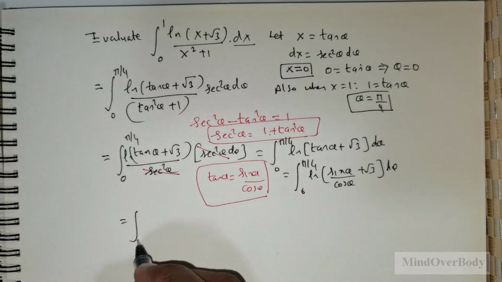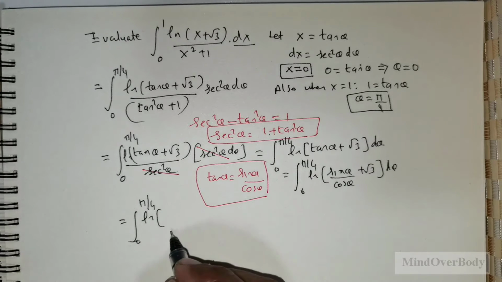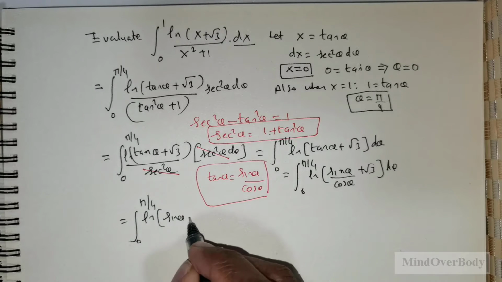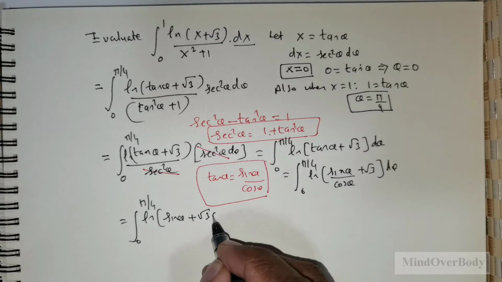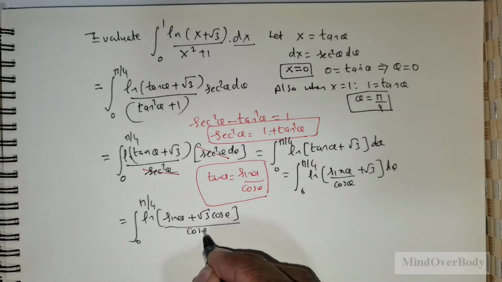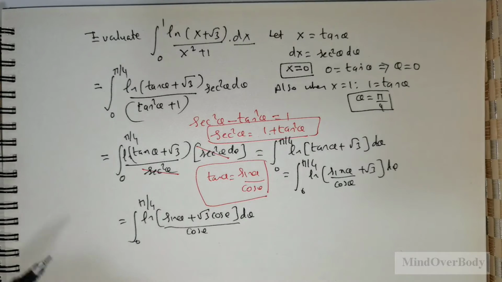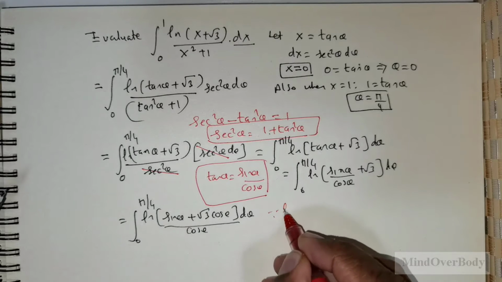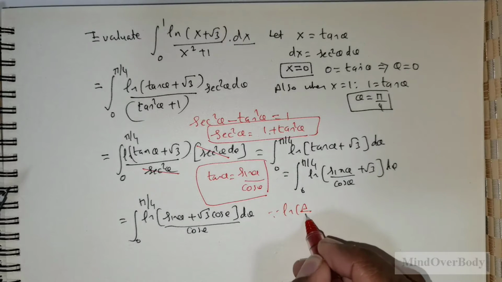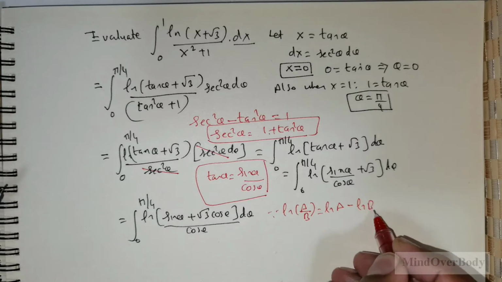Now taking the LCM as cos theta, this can be rewritten as (sin theta plus root 3 times cos theta) divided by cos theta times d theta. Now we know a formula, that is ln of a divided by b is equal to ln a minus ln b.